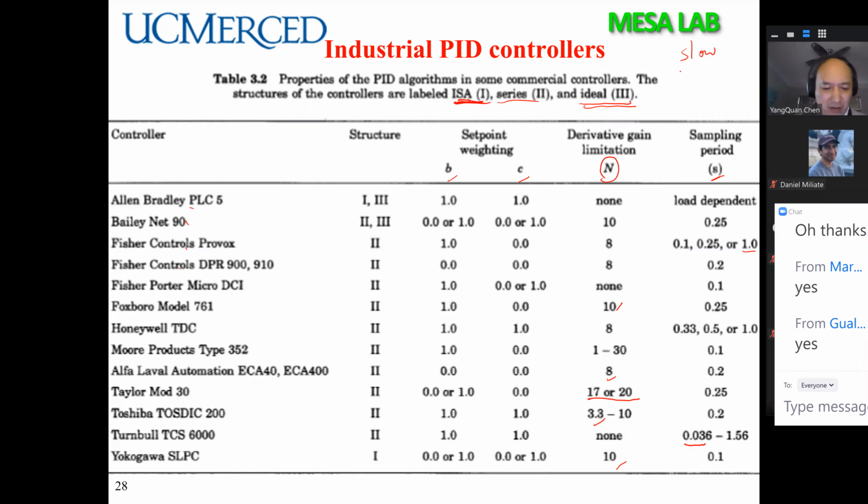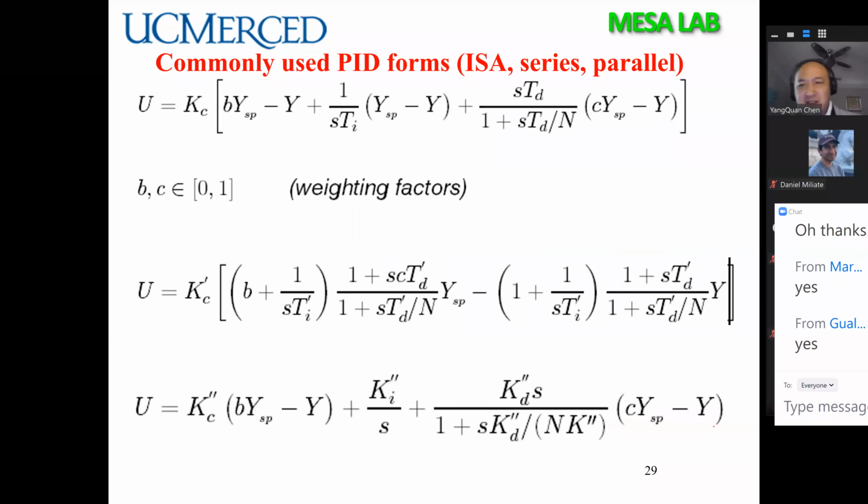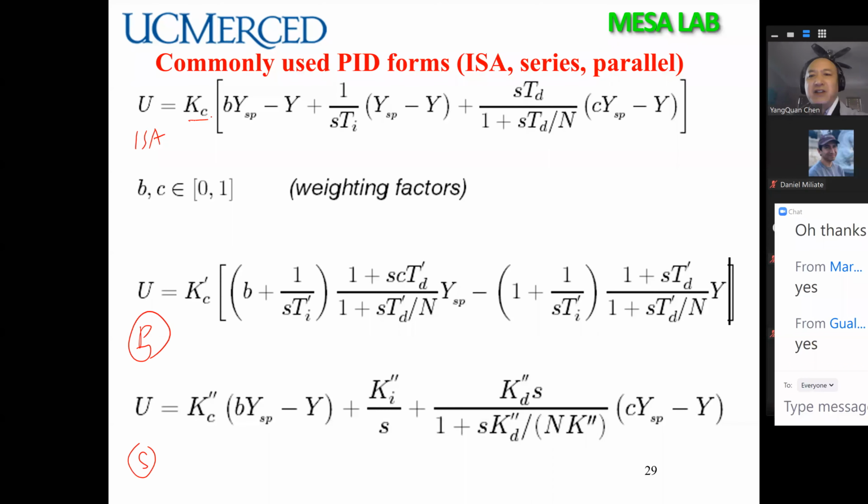So let's revisit the ISA. This is ISA. This is parallel. This is serial. So the KC is the overall gain. The set point or signal reference is given here.